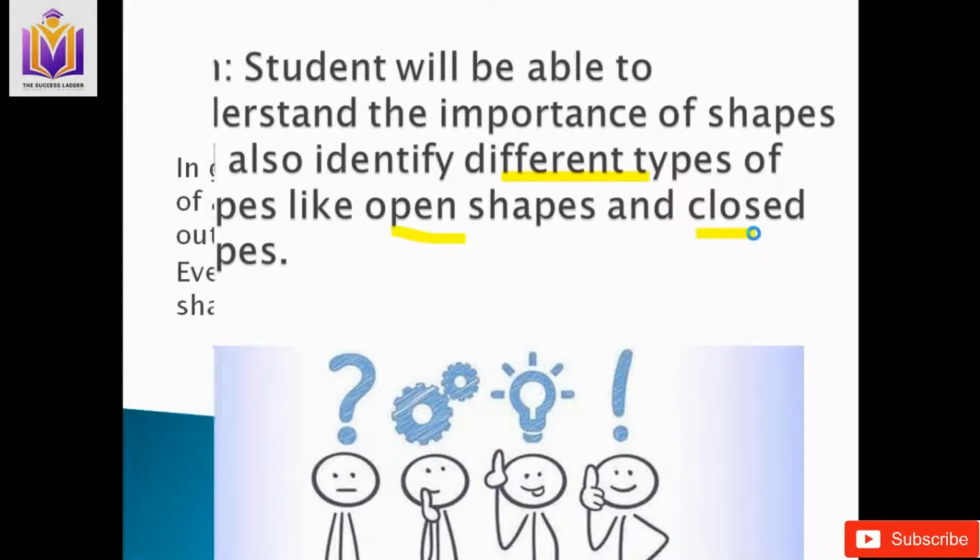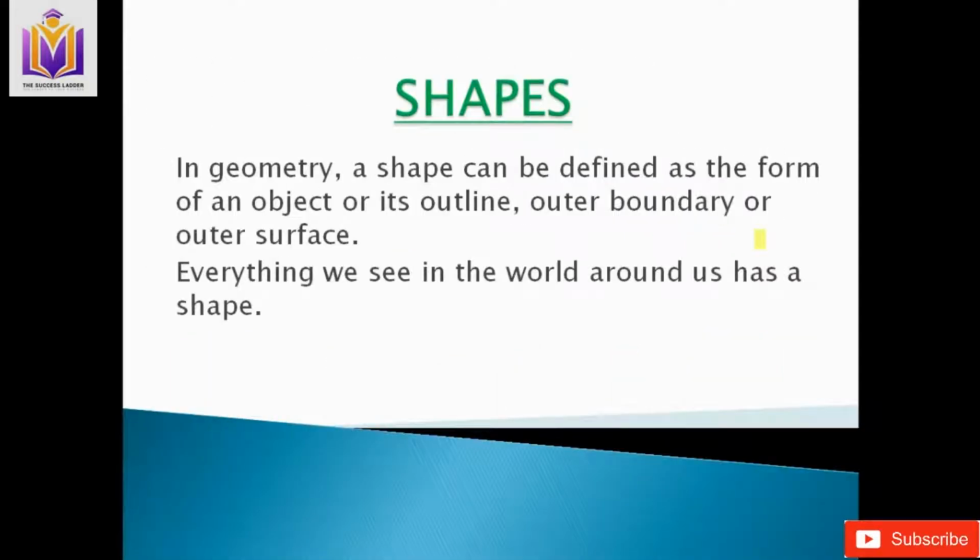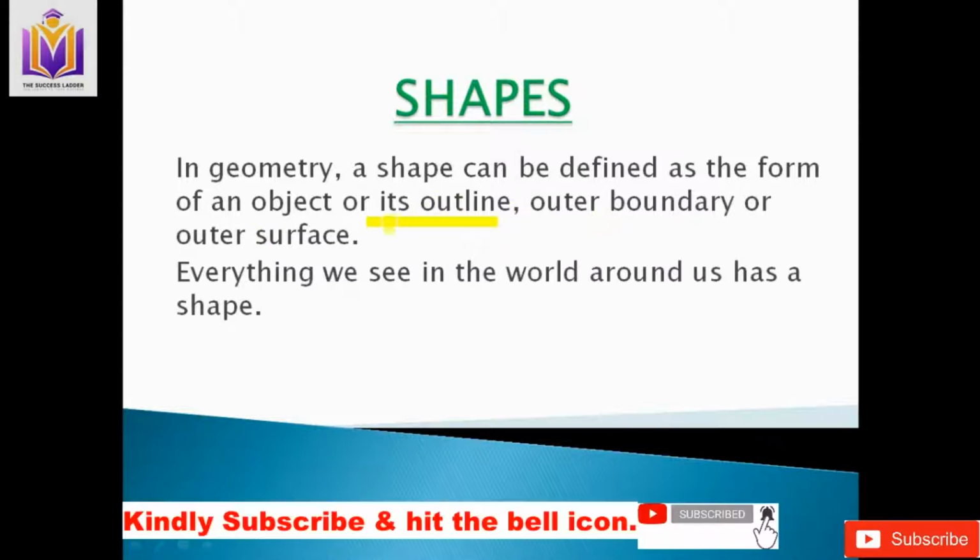So first of all, let us see what are shapes. A shape can be defined as a form of object or its outline and the outer boundary or the outer surface of anything. So basically whatever we see around us in the world, any object that we see in the world has a particular shape.